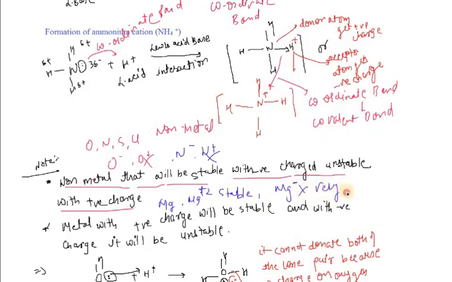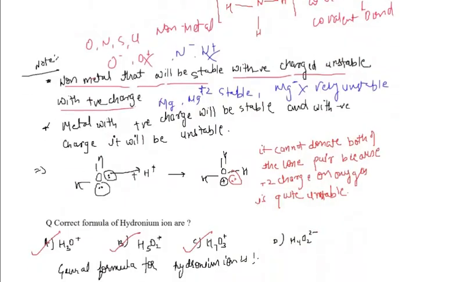So now in H2O, we know that the oxygen can donate only one lone pair, because we know O plus is less stable, and O plus 2 will be very unstable, so we cannot form H2O plus.